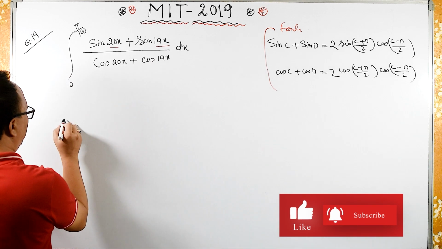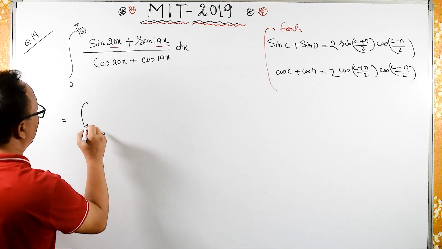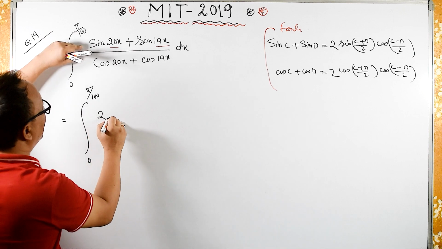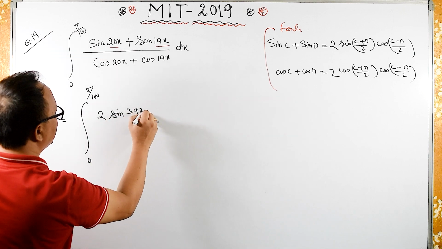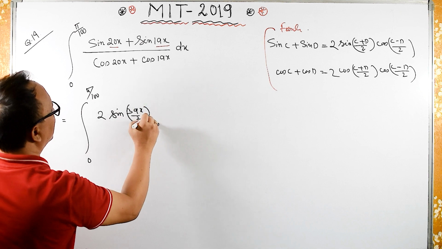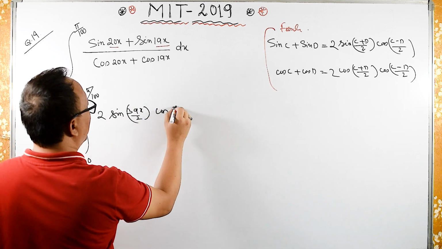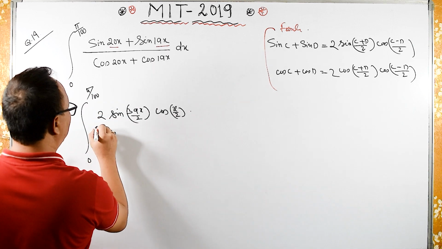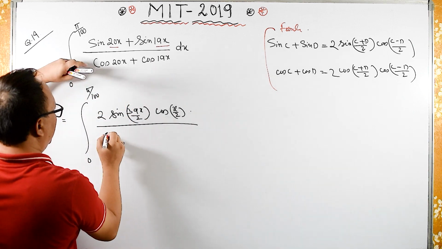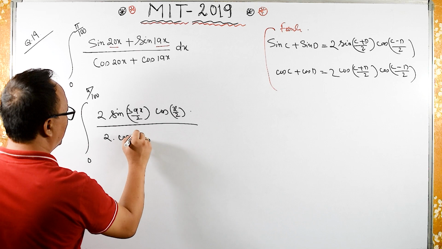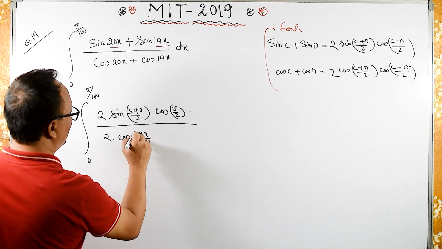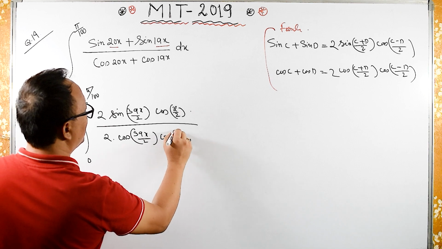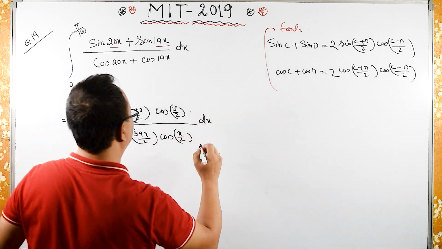So the integral is from 0 to pi by 100, twice sine of 39x upon 2 into cos of x by 2, upon twice cos of 39x upon 2, again cos of x by 2, dx.